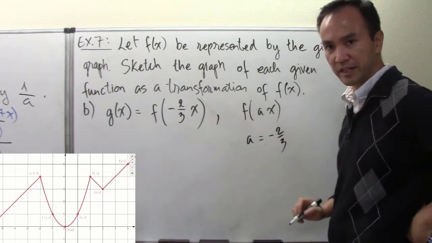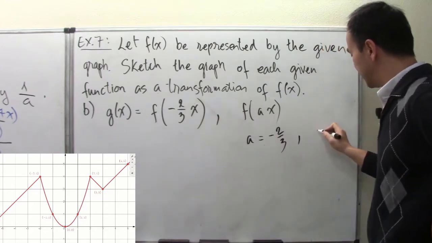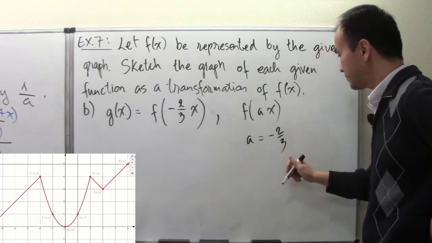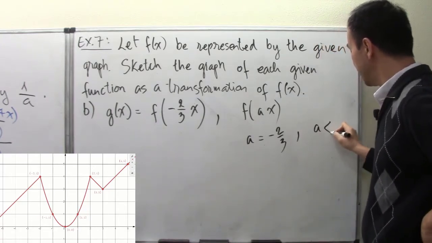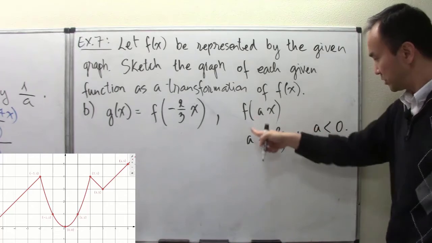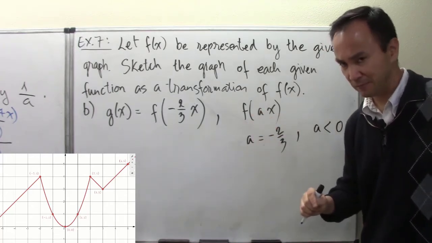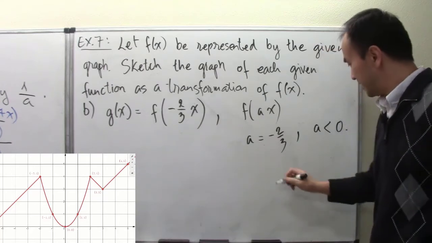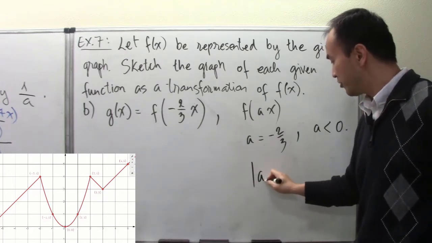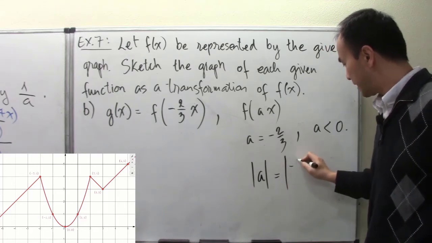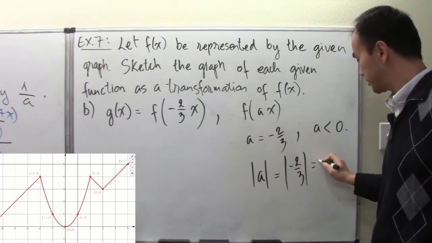I see further that a is negative, due to that minus sign right there. So we expect some flip through the y-axis. Now furthermore, the absolute value of a in this case is the absolute value of minus 2/3, which is 2/3.